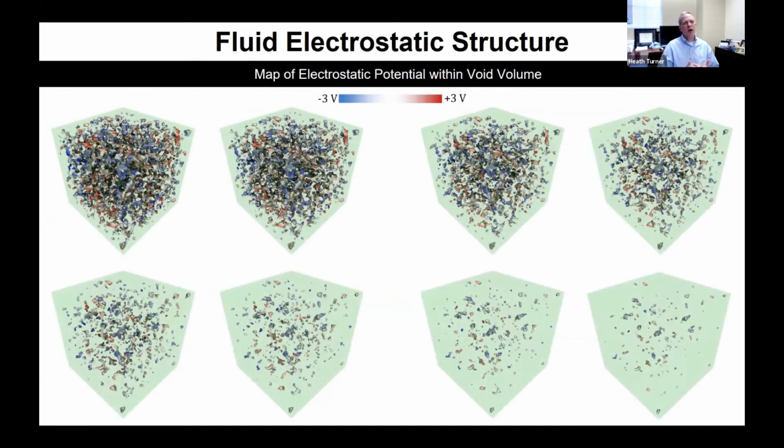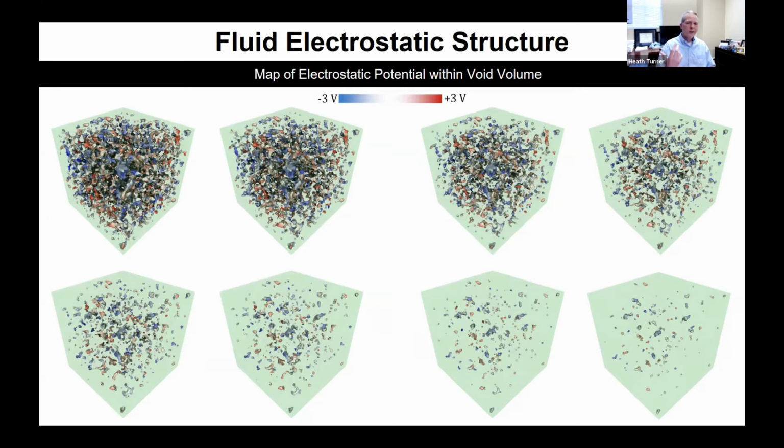But then also, we're able to look at the electrostatic potential within these systems. If you're looking at separating different molecules, you can think about it in terms of a physical separation, in terms of this kind of pore size distribution, but we're also interested in the differences in the electrostatic interactions within these pore spaces.